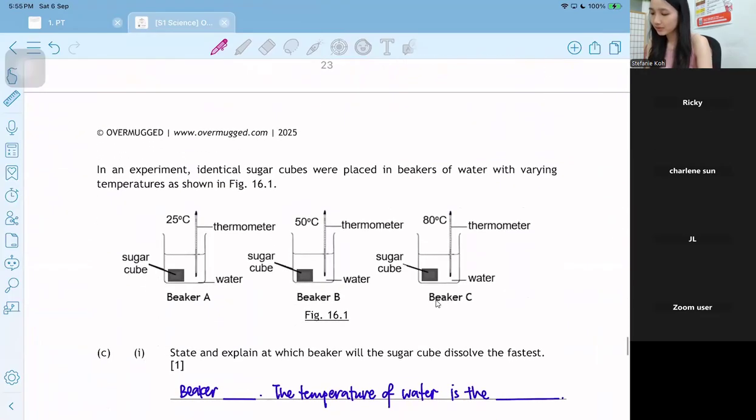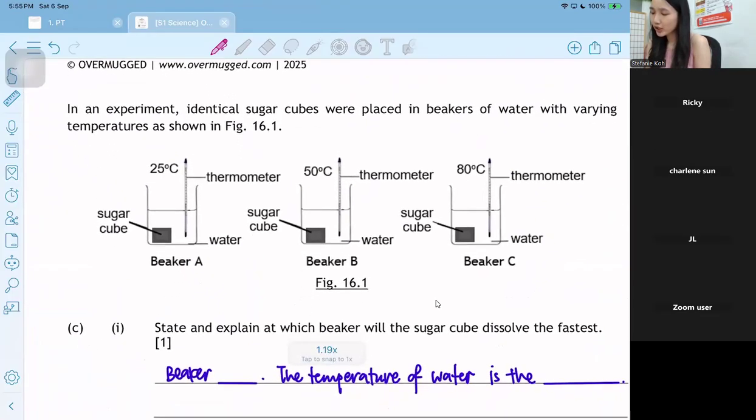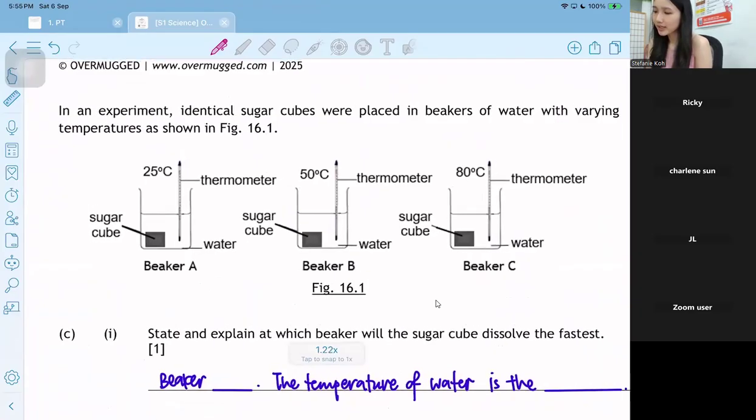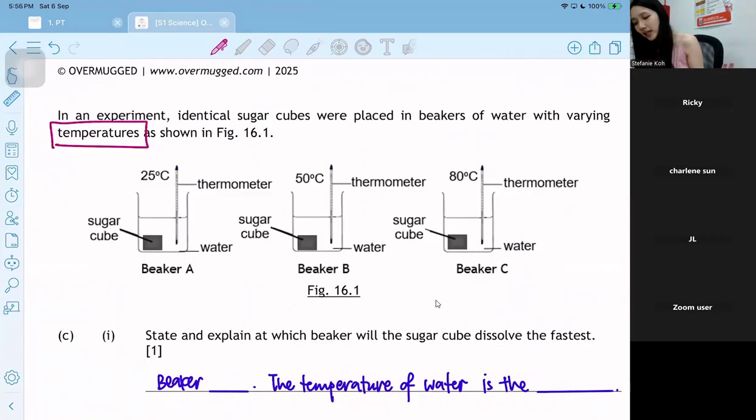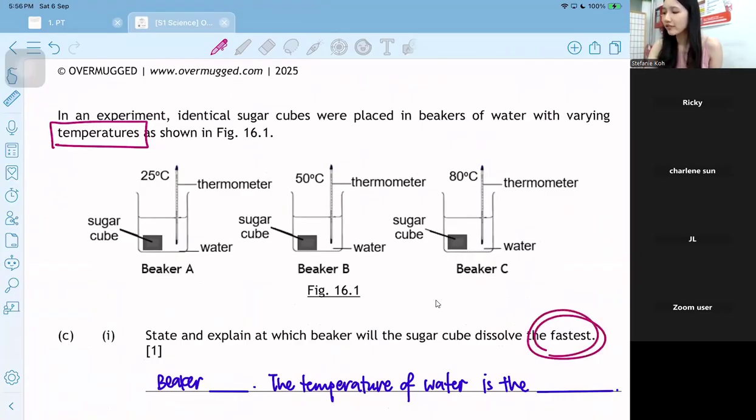Part C. Identical sugar cubes were placed in beakers with varying temperatures. So you know temperature will affect the solubility. State and explain which beaker the sugar cube will dissolve the fastest. So we're looking at rate now. How fast? Which one will be the fastest?